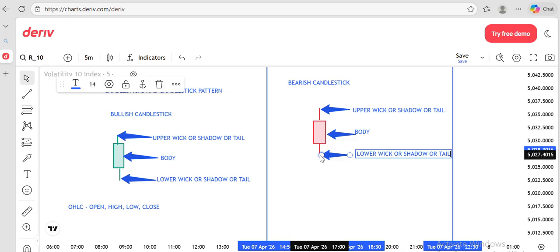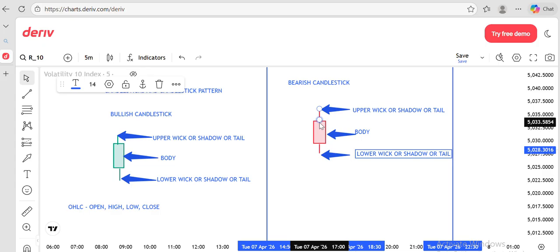So here, I repeat, here is the low. For a bearish move, this is the close. Here is the open. Here is the high. So what happens? The buyers push the price up to this high. Then sellers reject and push it back. Here forms the open.